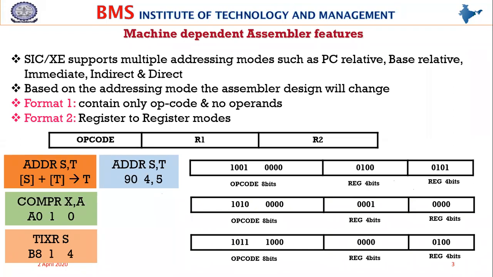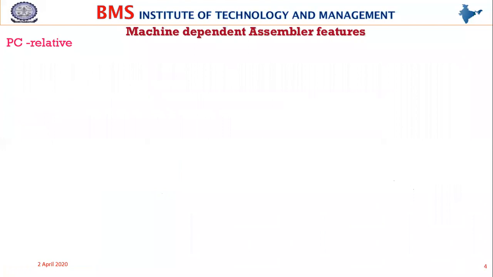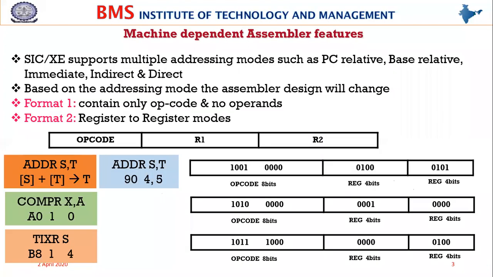Okay, this is about simple assembling. There are not many variations: register to register, 2 registers using 4 bits each, and 8-bit output. But the challenging things are PC relative and base relative addressing. We shall have a look at those.